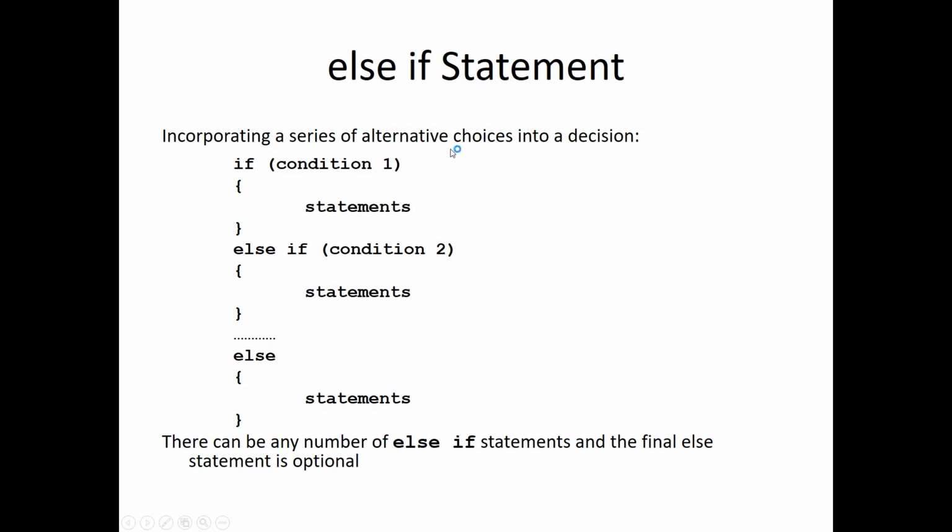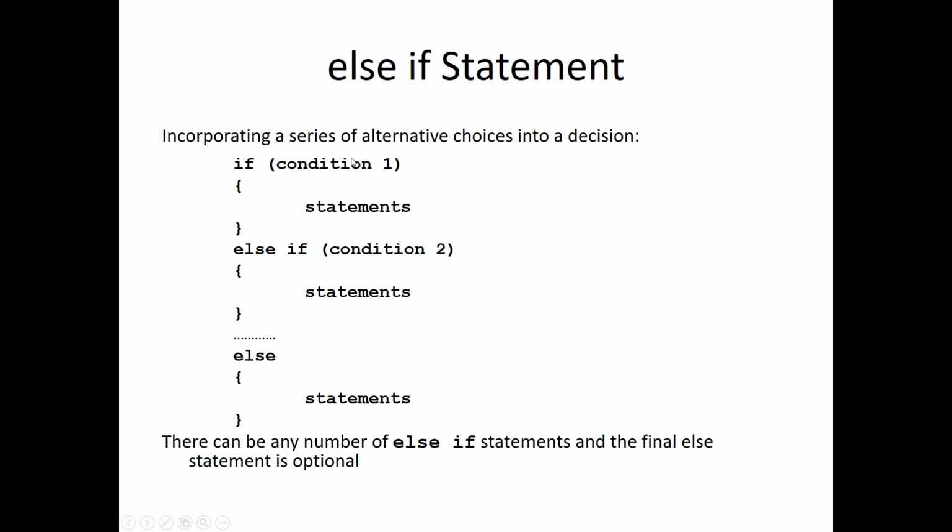So it allows us now to incorporate multiple tests and multiple conditions into our programs. What we could effectively say, if we have a look at this one here, is that if this particular condition is true, perform the statements between these two curly brackets.